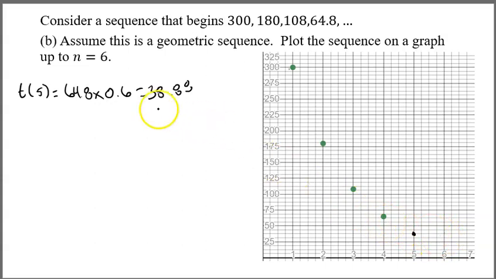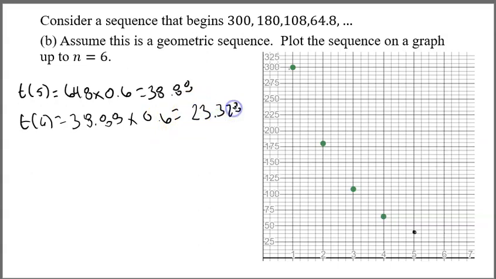Okay. Then to get the 6th term, I'm going to multiply 38.88 times 0.6, which is 23.328. So it's going to be right below 25. And there are those terms plotted.